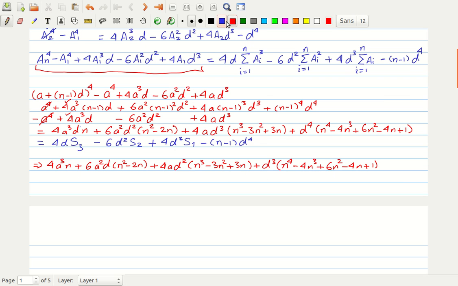This is equal to 4 times S3 minus 6d S2 plus 4d square S1 minus, this will become d cube, so this is minus n d cube plus d cube, right?